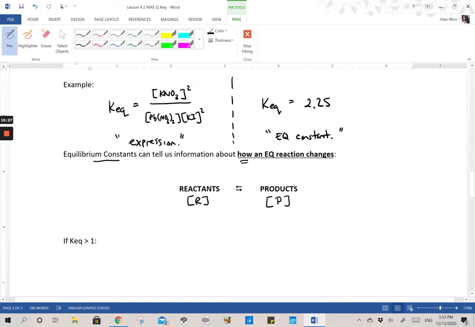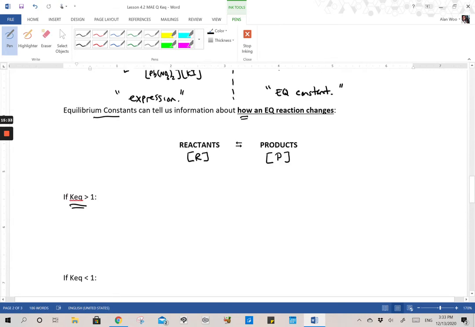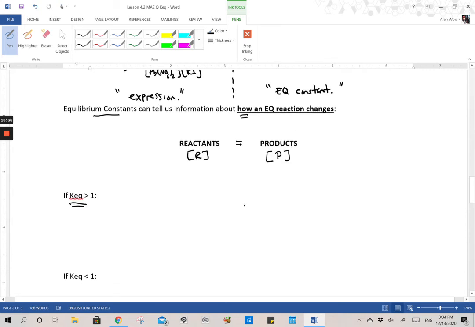Okay, so suppose KEQ is greater than 1. What this means is KEQ always equals our products over our reactants. But we're saying that KEQ is greater than 1. Well, in order for it to be greater than 1, the products has to be a larger number.